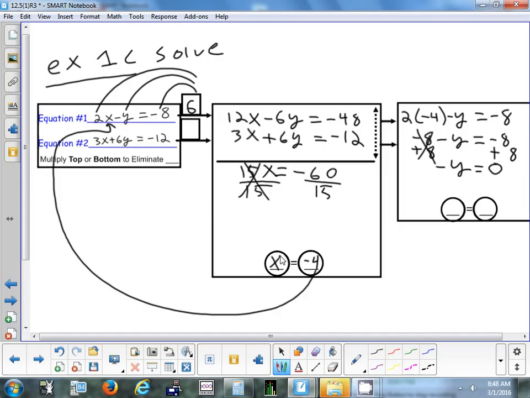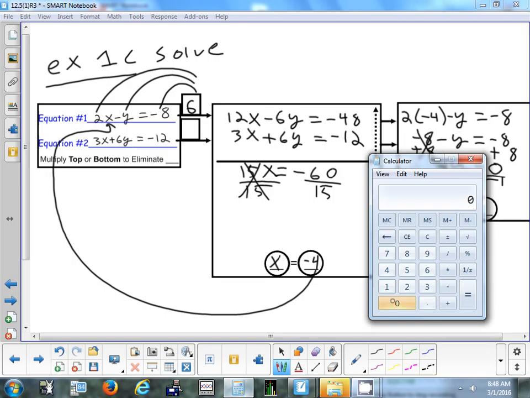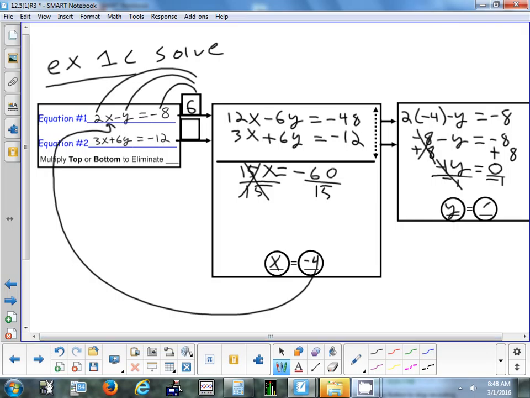And now, what number is in front of this y, but it's invisible? It's like a 1. And yeah, we're going to divide by negative 1. And if you type that in on your calculator, 0 divided by negative 1, it's just 0. Right, so we get y equals 0. Okay, any questions on that?